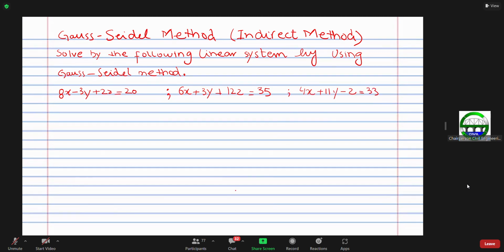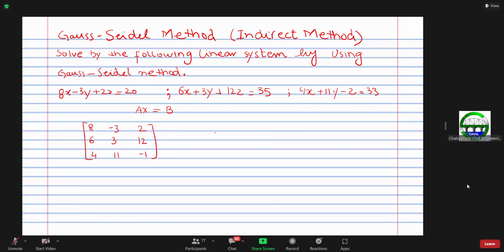So these are our three equations. And then again, Ax equals b, and our coefficient matrix is equals to 8, minus 3 and 2, and 6, 3, 12, and 4, 11, minus 1.